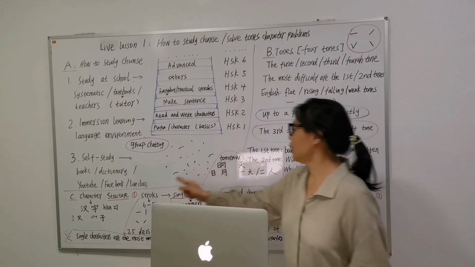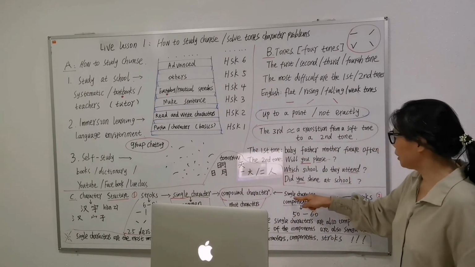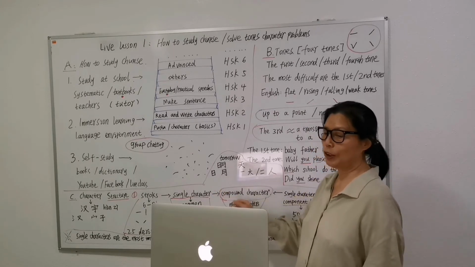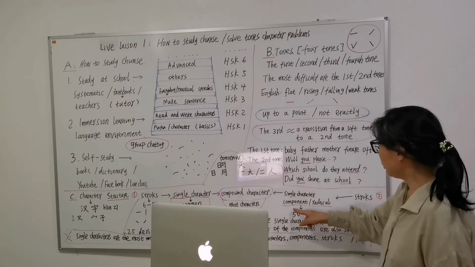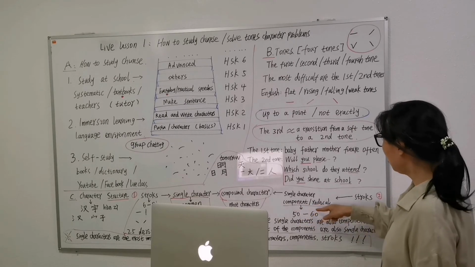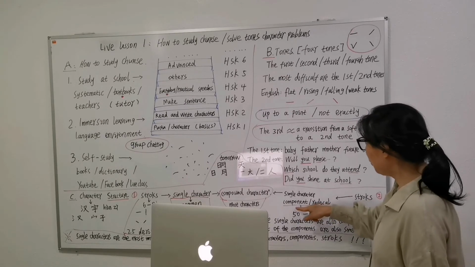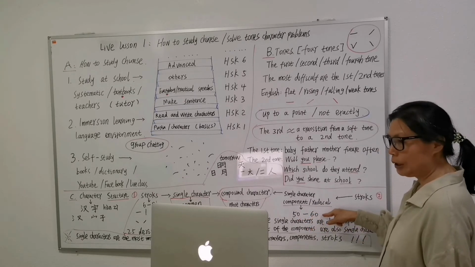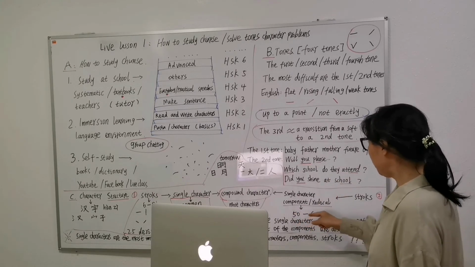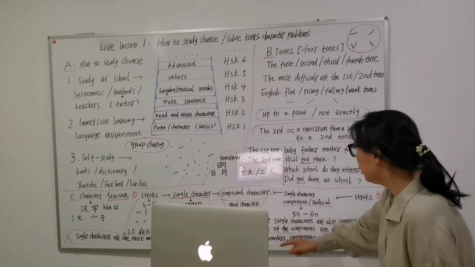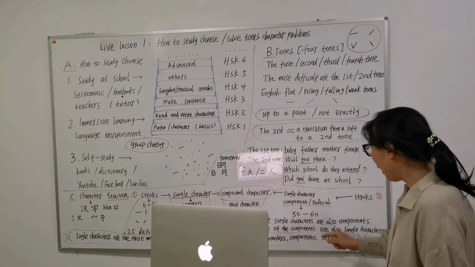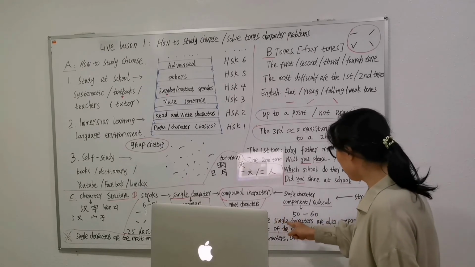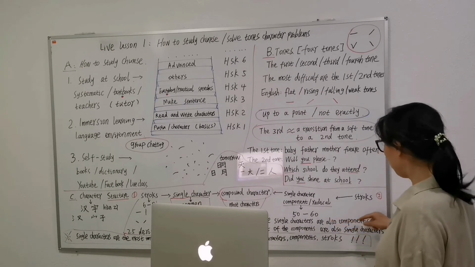We have learned strokes, and we have learned single characters, only 100 to 200 common single characters. Now we talk about components or radicals. Components or radicals are only 50 to 60, and in these 50 or 60 components, most of them are also single characters, or some single characters are also components.